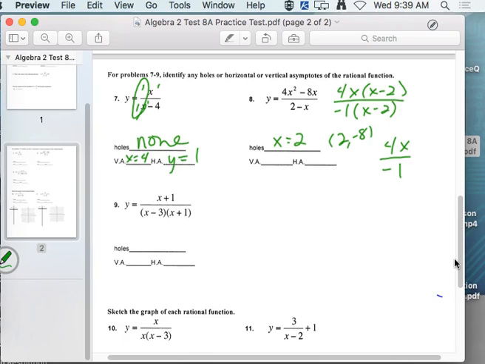All right, vertical asymptotes. We already said that was a hole. Could it be a hole and an asymptote? So do we get any? None. We don't have anything left in the denominator to give us a vertical asymptote. Horizontal asymptotes. That's the degree thing.